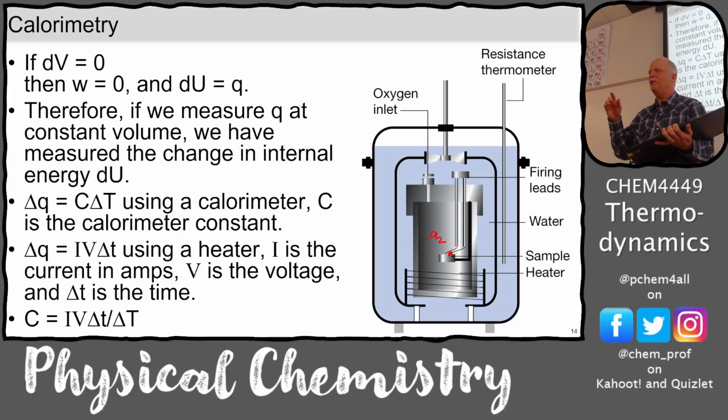And even though you have catalysts and everything, remember catalysts don't change the delta H. Catalysts just change the kinetics. And so the delta H of combustion is exactly the same in your body as it is in the bomb calorimeter. And so this is where you get your nutritional values.